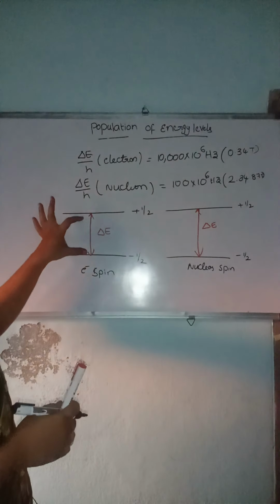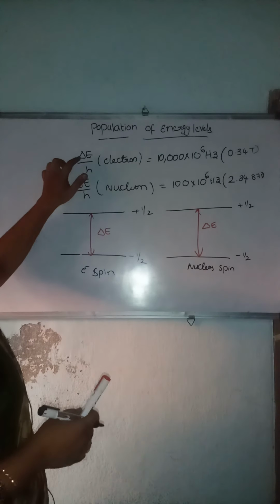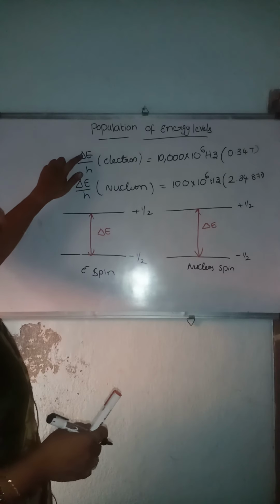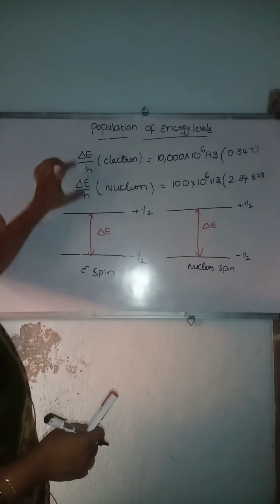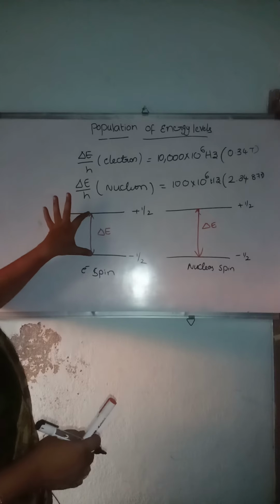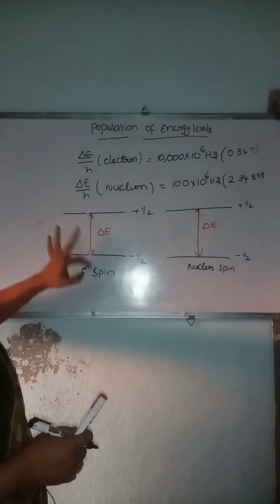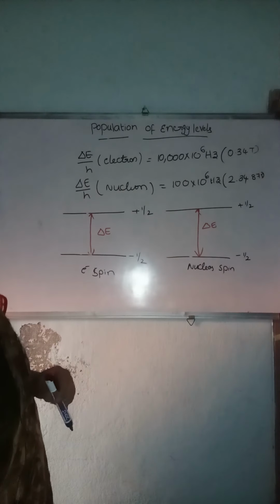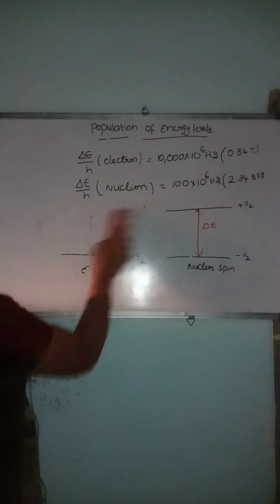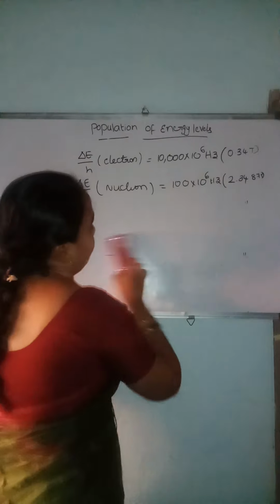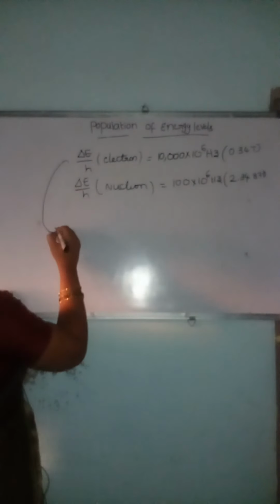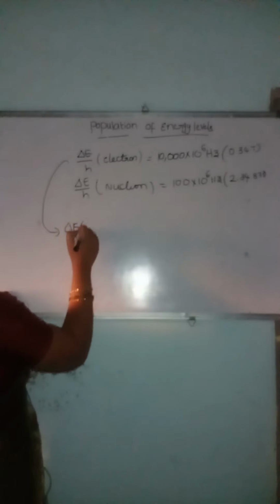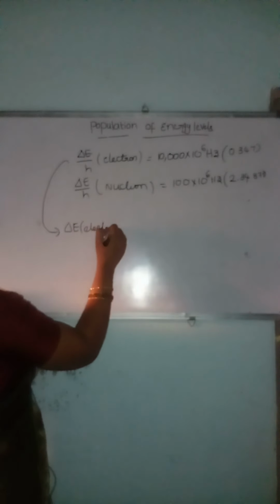In order to know the separation, we need to calculate the values of delta E for the electron, that is the difference between these two states, and delta E for the nucleons.